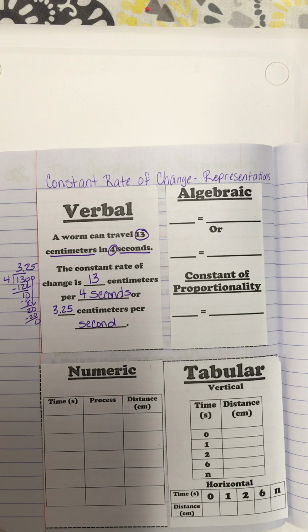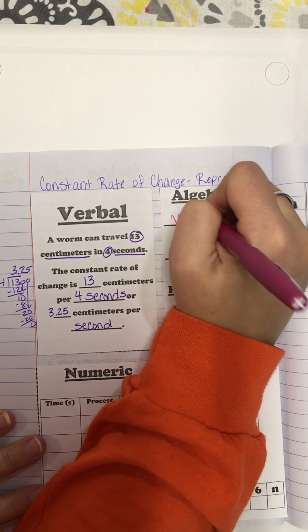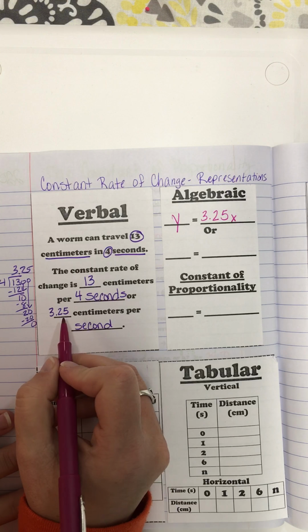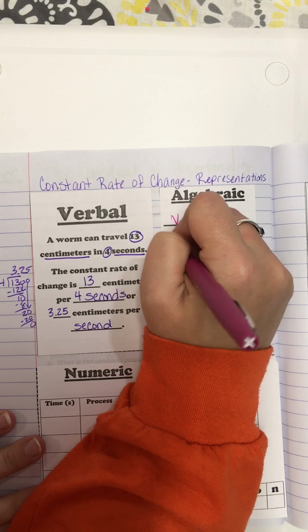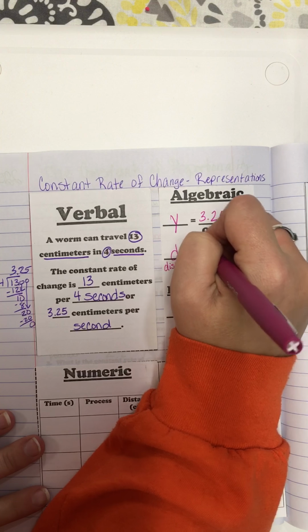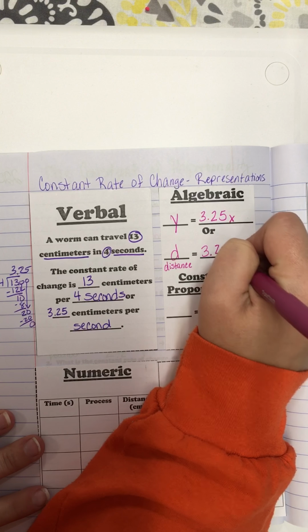Okay, algebraically, that's the equation. Algebraically, we have y equals 3.25x, which we got from this, or distance equals 3.25t. T is your time.